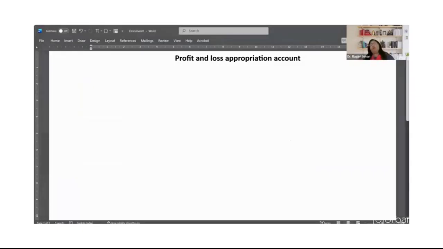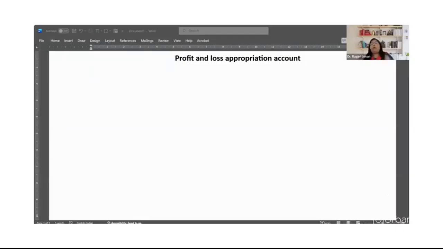So, as we talk about this profit and loss appropriation account, let me give you a small brief about this account before we move further. You must be aware of the profit and loss account that we make at the end of the year. Profit and loss appropriation account is merely an extension of the profit and loss account of the firm.